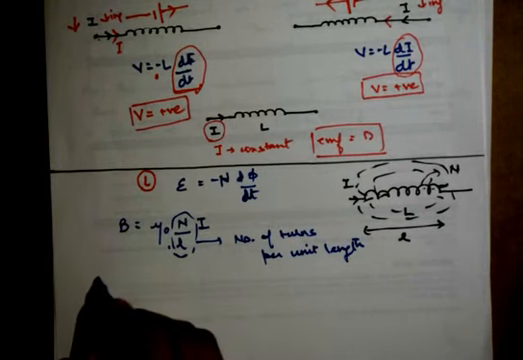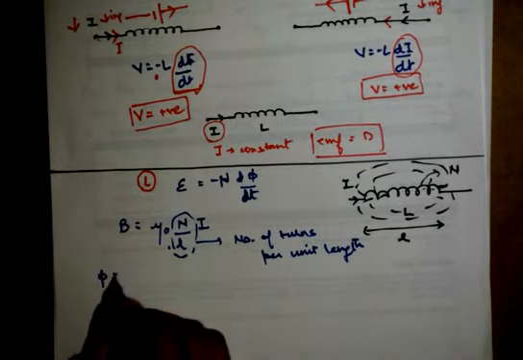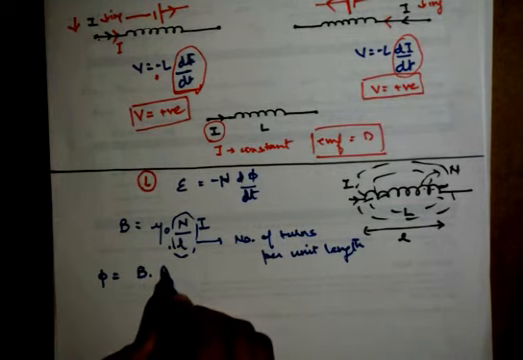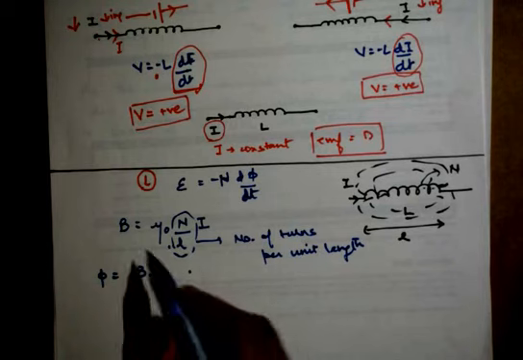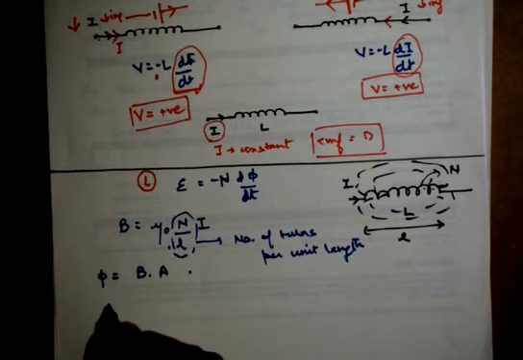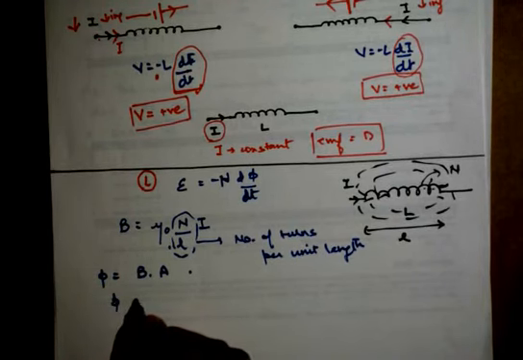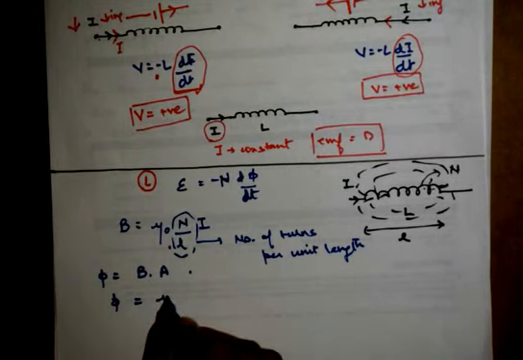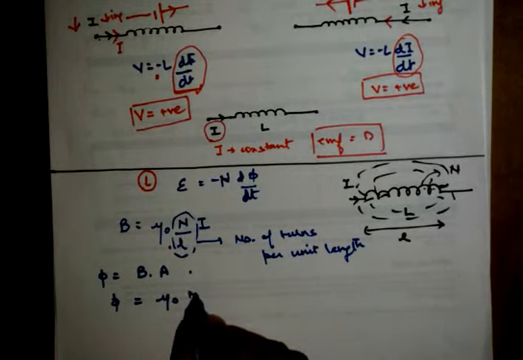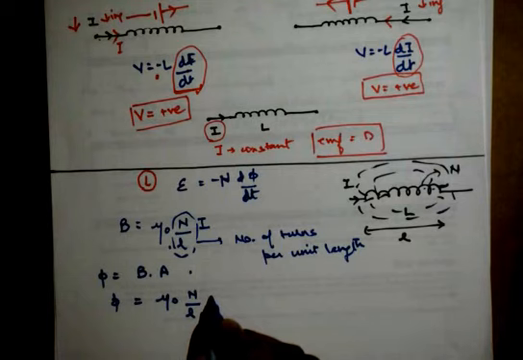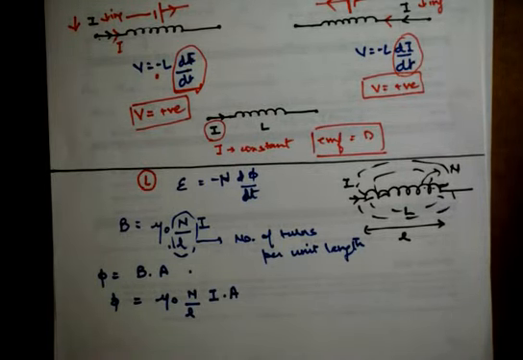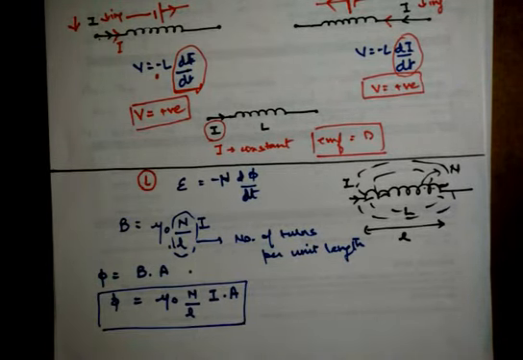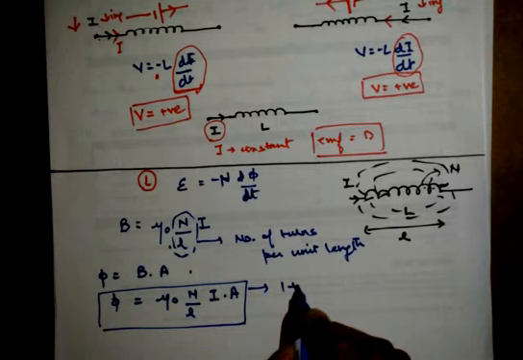Also we know that phi is equal to B into A. Now we will substitute the value of B in this equation. So we will get phi is equal to mu naught N over L into I into A. So this is the flux through one turn only.